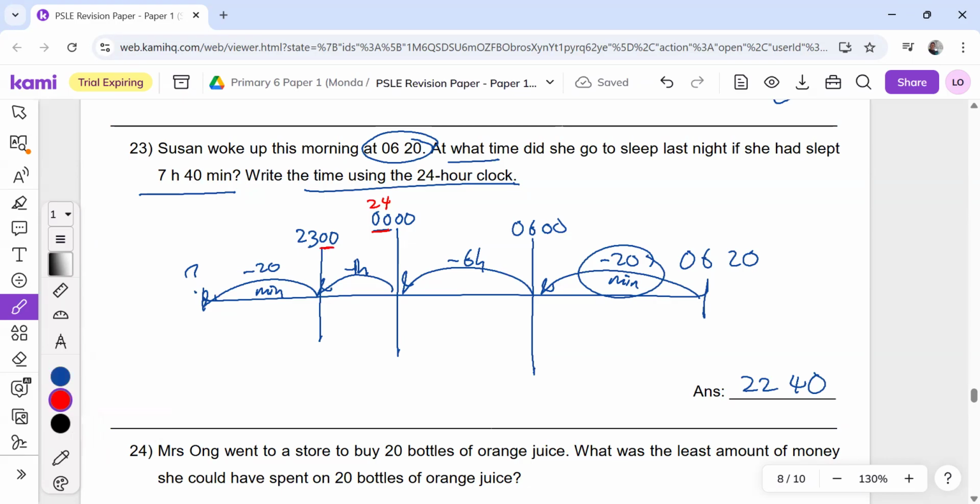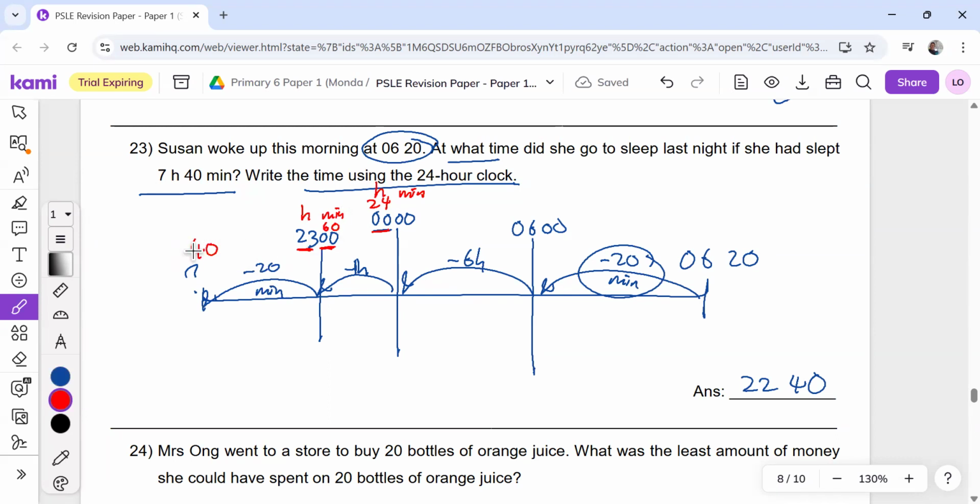Look carefully at the 00 here. Just now was the hour, then minutes. Where is the hour, where's the minute? The 23 is the hour, the 00 is the minute. The 00 is 60 minutes. So 60 minus 20, you will get 40 minutes left.